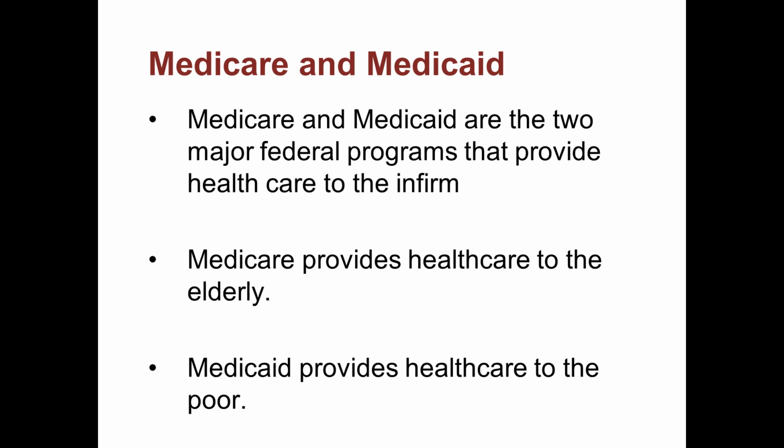Medicare is aimed at providing health care for people who are elderly and maybe aren't as able to provide for themselves given their old age and the high cost of health care that people usually have when they get older. Medicaid is aimed at providing health care for those who are poor, who aren't old, but for whatever reason can't really afford to provide health care for themselves.